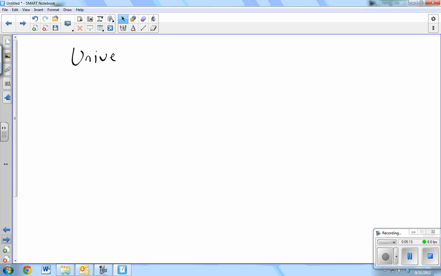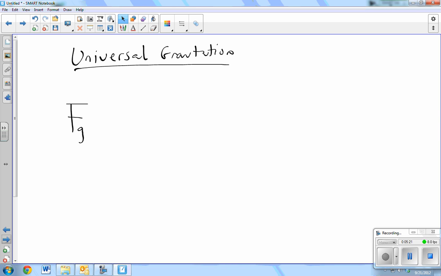The law of universal gravitation is F sub g, standing for the force of gravity, equals capital G m1 m2 over r squared.